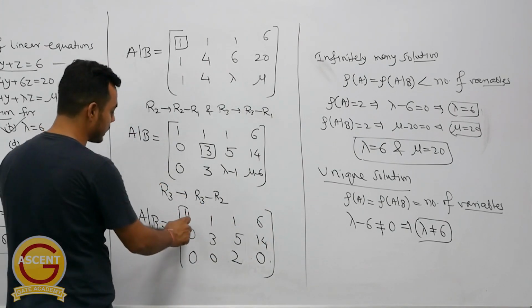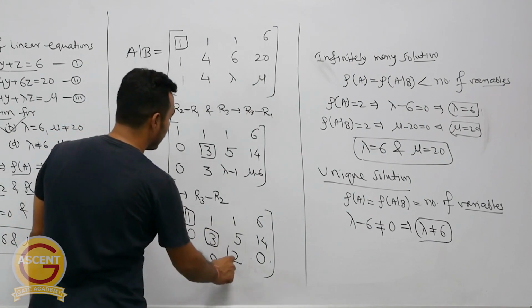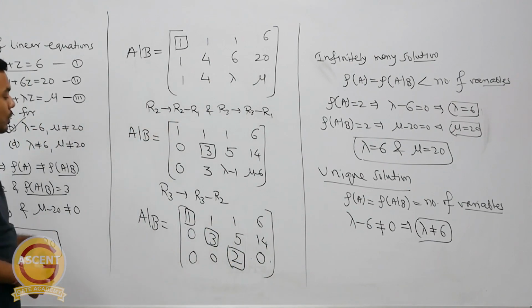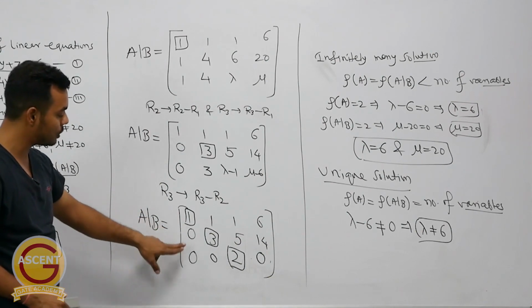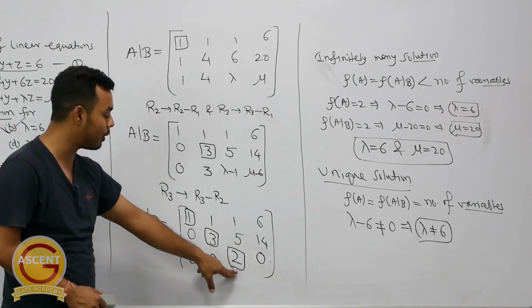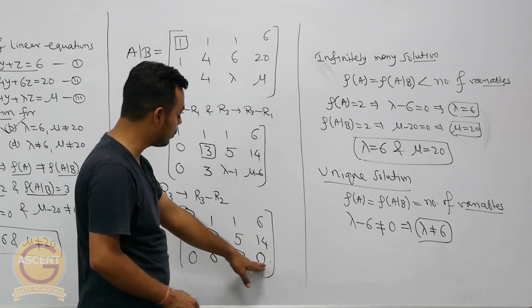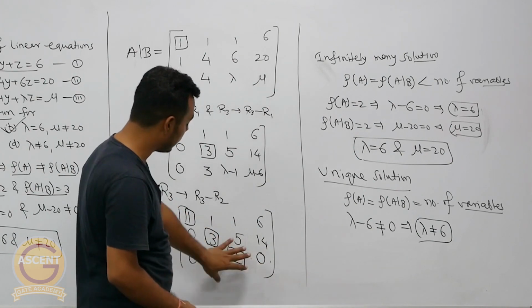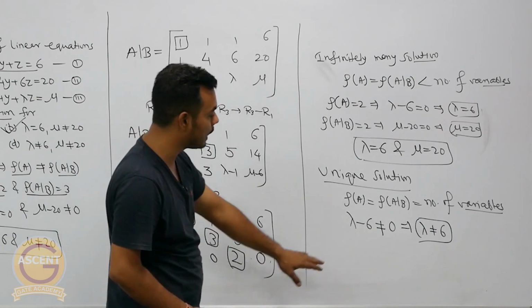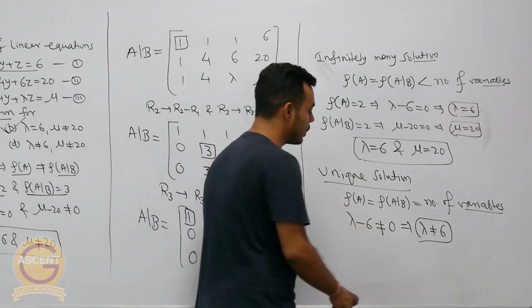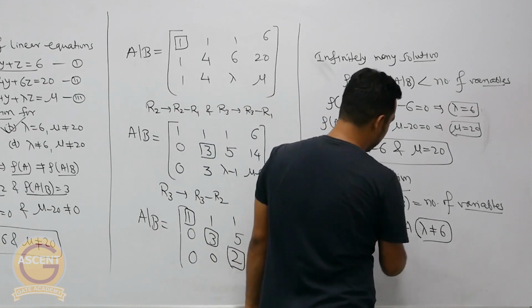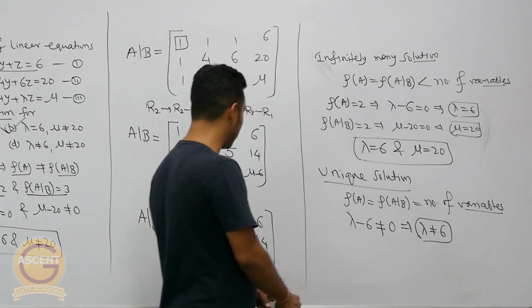This matrix is obviously in echelon form. These are the leading entries, and all the 3 rows are non-zero rows. R1 is non-zero, R2 is non-zero, and in R3 also you have one non-zero entry. So whatever be the value of this quantity nu minus 20, if I have some non-zero number here, then in that case you will have a unique solution.